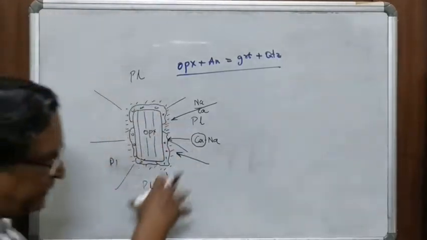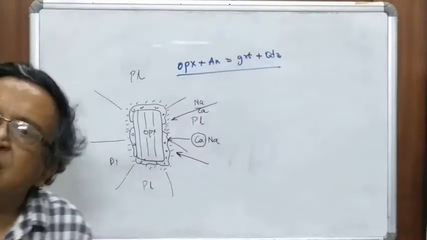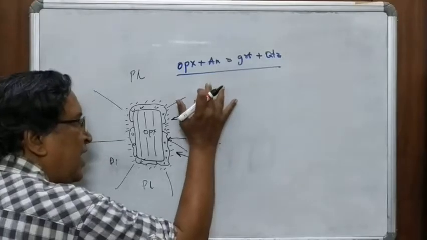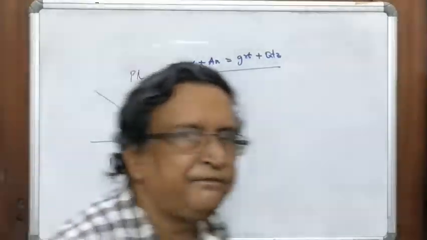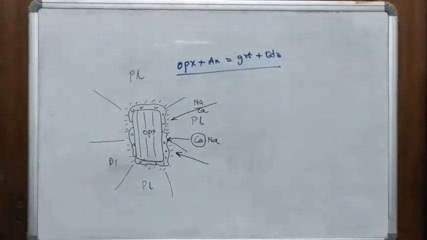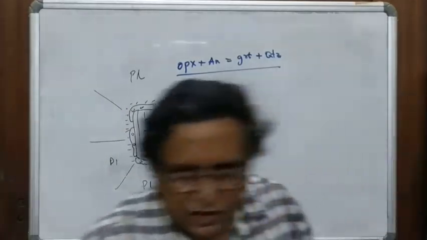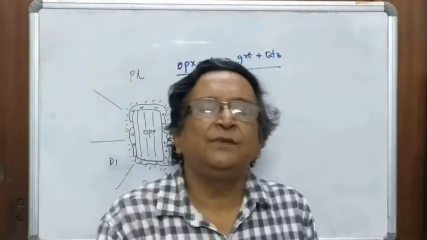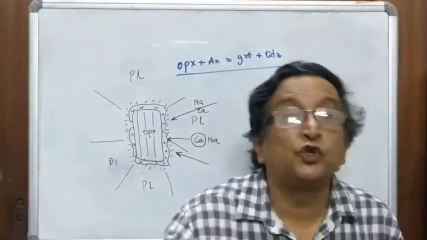So normally, the plagioclases that surround the garnet are typically zoned. These are high calcium, and as you come closer to the garnet, they become albitic. So plagioclases become strongly zoned. When you are producing this garnet by extracting the anorthite content of the plagioclase, your plagioclase is becoming more and more albitic or sodic.